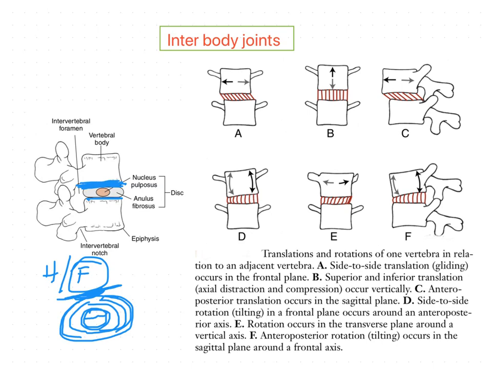So although there is some attachment with the intervertebral disc at the center through hyaline cartilage, this joint is considered a secondary cartilaginous joint because the peripheral part of the disc, the annulus fibrosus, connects with the vertebral bodies through fibrocartilage. Most of the joint is attached by fibrocartilage rather than hyaline cartilage, so it is considered a secondary cartilaginous joint.